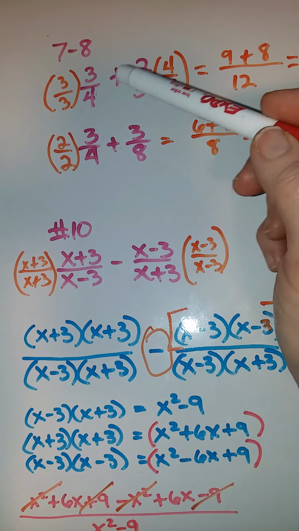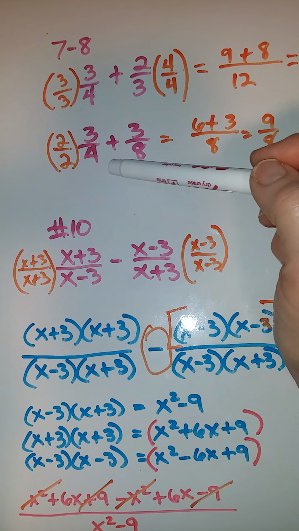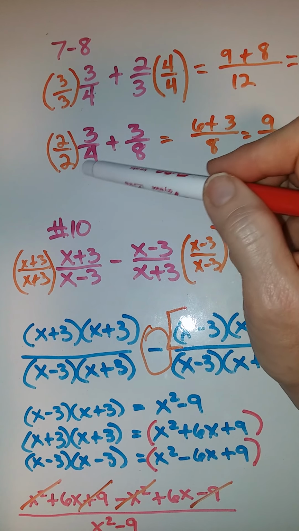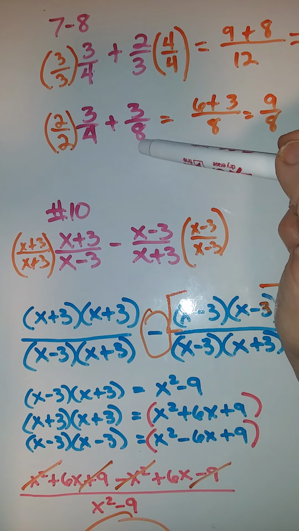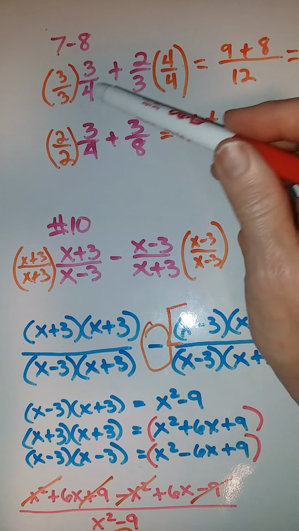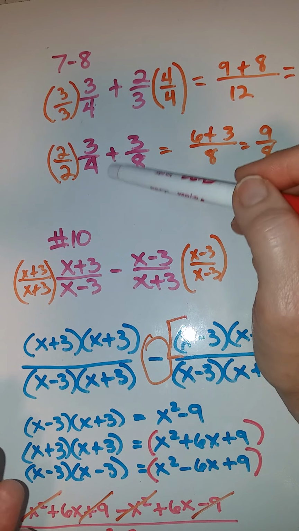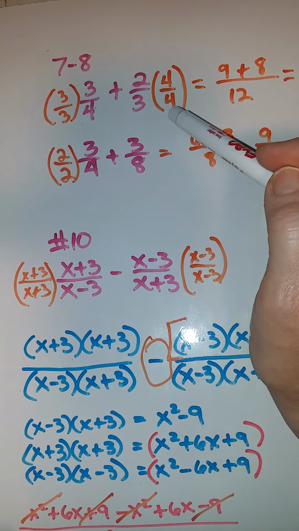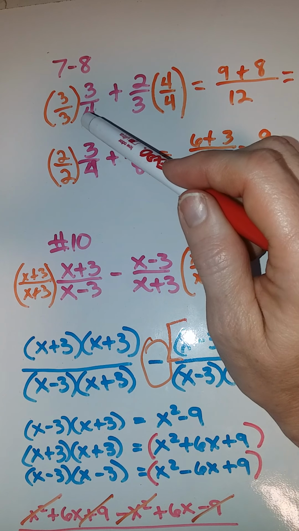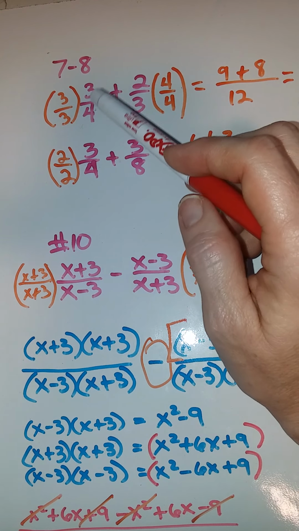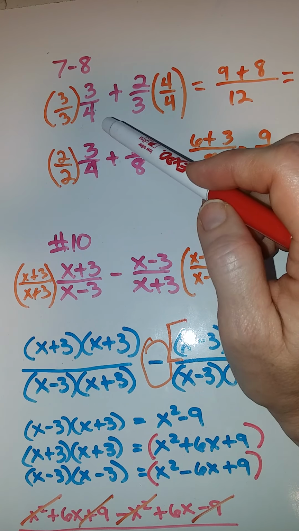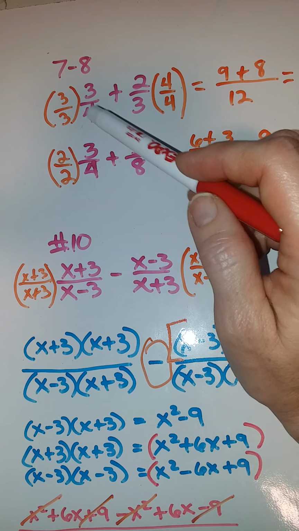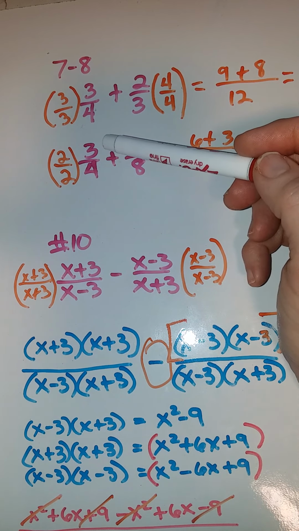And once we find a common denominator, sometimes it's a least common multiple. Here, the least common multiple is 8, right? The least common multiple here is 12 as well, but it requires me to change both of them. And in order to transform them without losing the integrity of the ratio itself, the proportion, we have to multiply them by a version of 1.